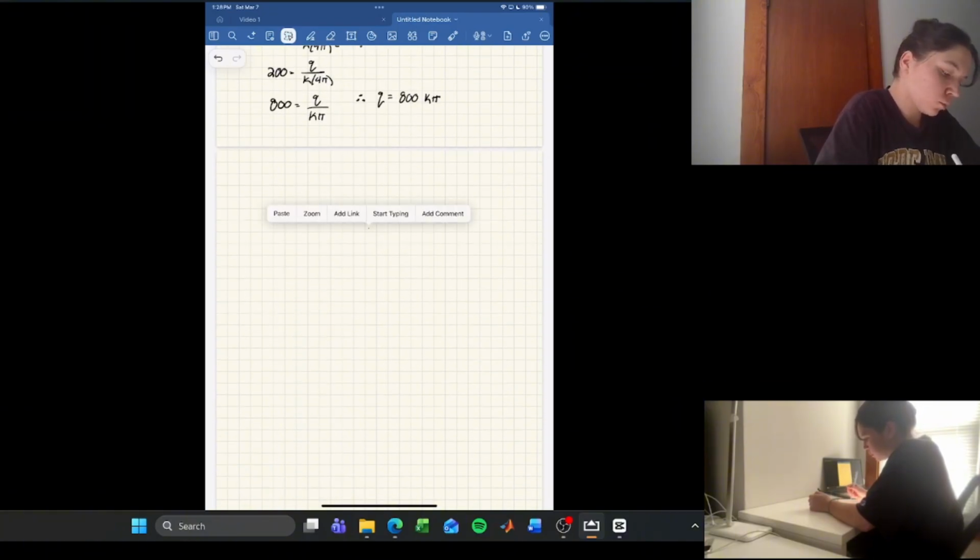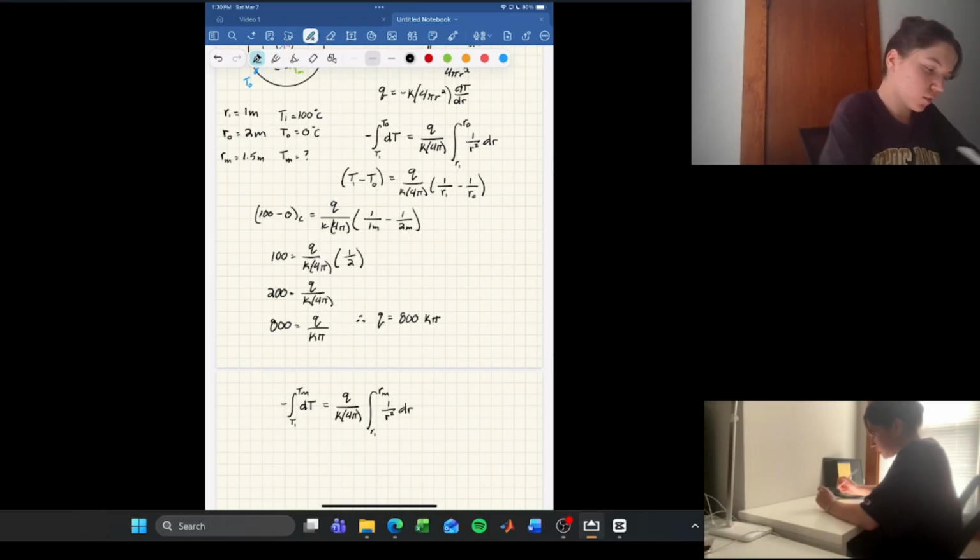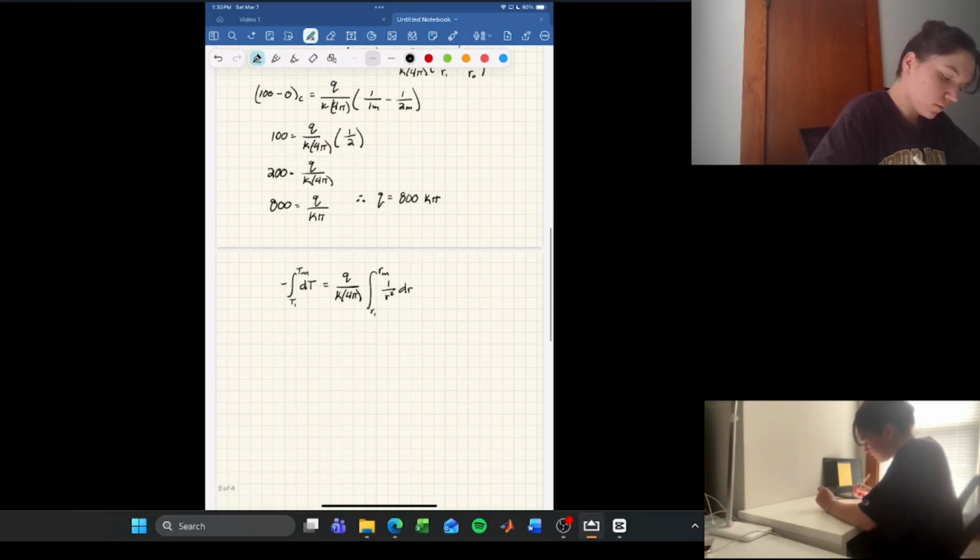We're doing another separable differential equation, but this time we're evaluating it to the midpoint for both of these. So this is going to be temperature initial minus temperature at the midpoint is equal to the heat flux over the thermal conductivity times 4 pi. This is 1 over the inner radius minus 1 over the radius at the midpoint.